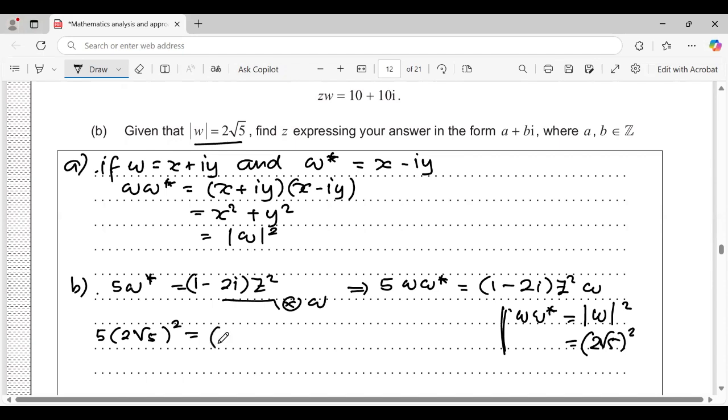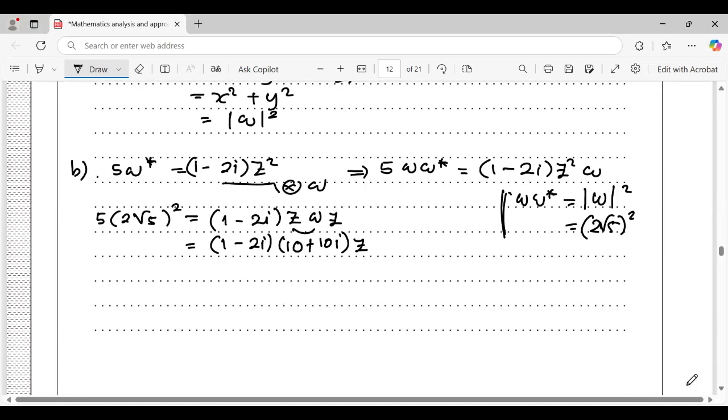Right, let's continue. So it becomes 1 minus 2i times Z Z W. The Z squared is separated into Z and Z. So it's going to be 1 minus 2i times Z times ZW, and according to the information, this is 10 plus 10i times Z. And the left hand side is 5 times 4 times 5, and this is 100.